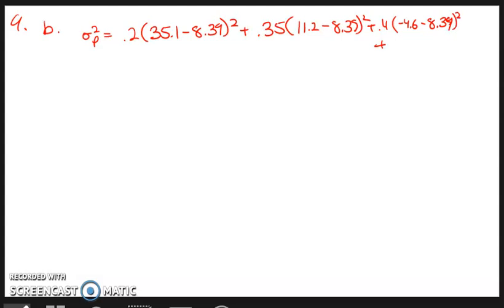And then the final one is a 5% probability, 0.05 times negative 14.2% minus 8.39. We square it, and you get 238.46. So that's the variance of the portfolio.